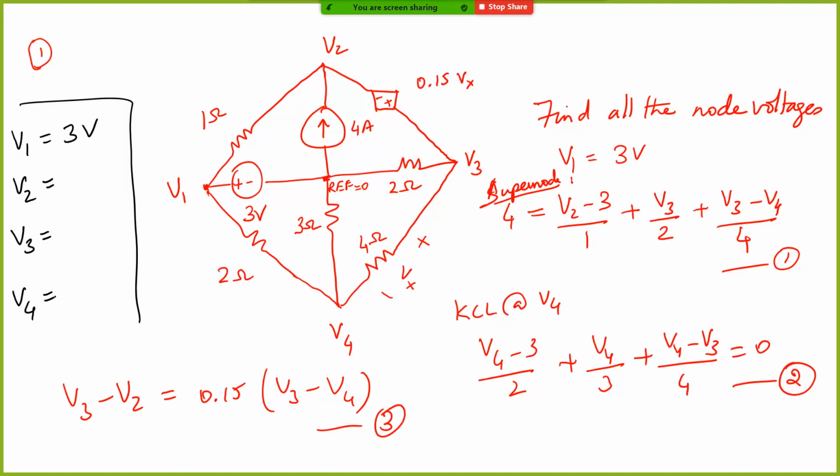I hope you guys are using the calculator or some app to solve the simultaneous equations and not solving determinants and so on.